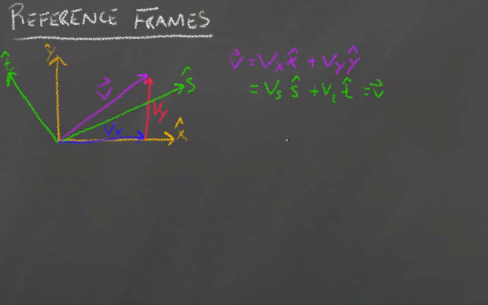And the answer is yes, you can. You can in fact do that, which in this case would make this vt and this would become vs. So you actually can do that, and it gives you the same vector v.